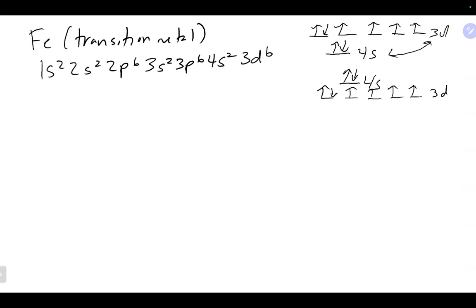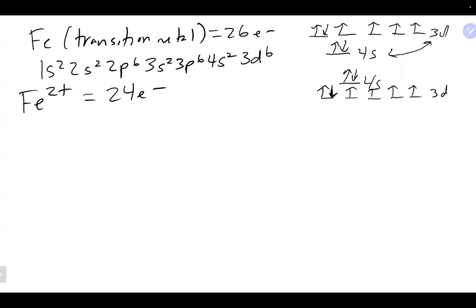Now, this affects something like iron and most transition metals when they go to lose electrons. They typically will lose electrons and become positively charged. So when something like iron gains a +2 charge, instead of having 26 electrons, +2 would mean it has how many electrons? 24 electrons.